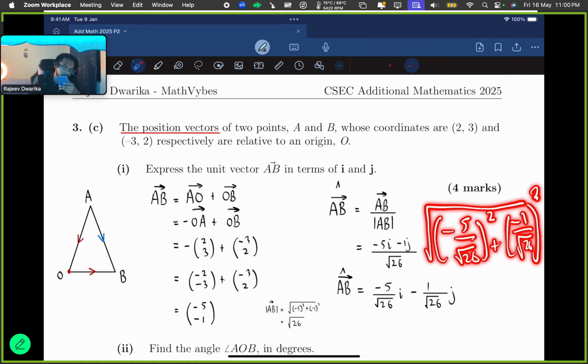Square root 26, and then plus, with brackets, 1 squared all over root 26.